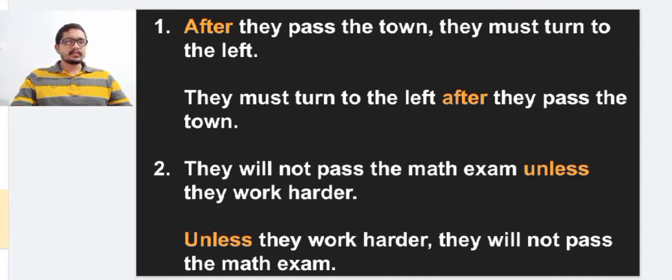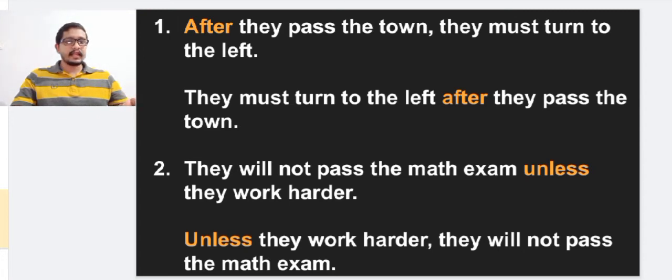So when we use a subordinating conjunction, if the dependent clause comes first, we always have to use a comma after it. And then the independent clause: "After they pass the town," is the dependent clause, so comma, "they must turn to the left." Then look at this: they must turn to the left after they pass the town.